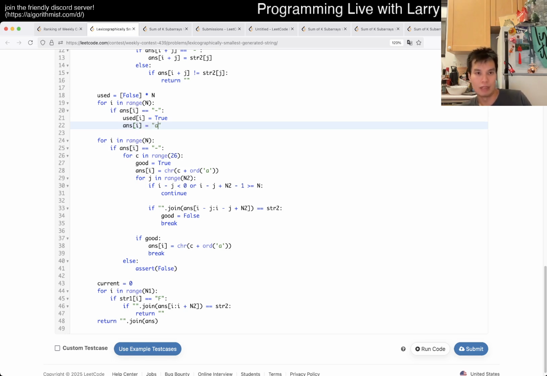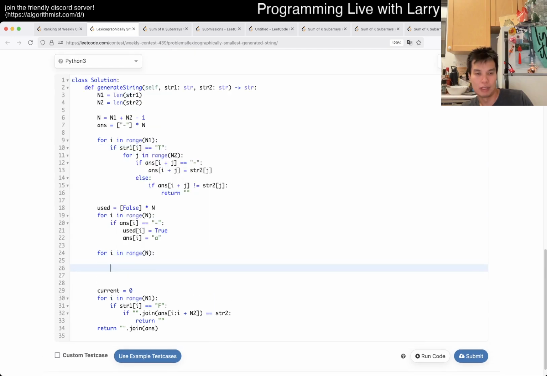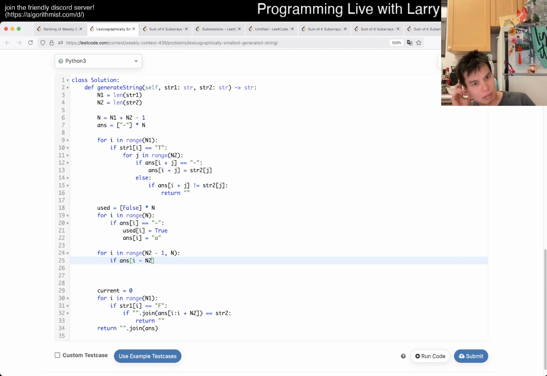So i is equal to A. And then the way that I'm doing it is that now, I guess we start with n2 because n2 minus 1 minus 1, right? So then now answer from i minus n2 plus 1 to i plus 1. We want i to be the last character.